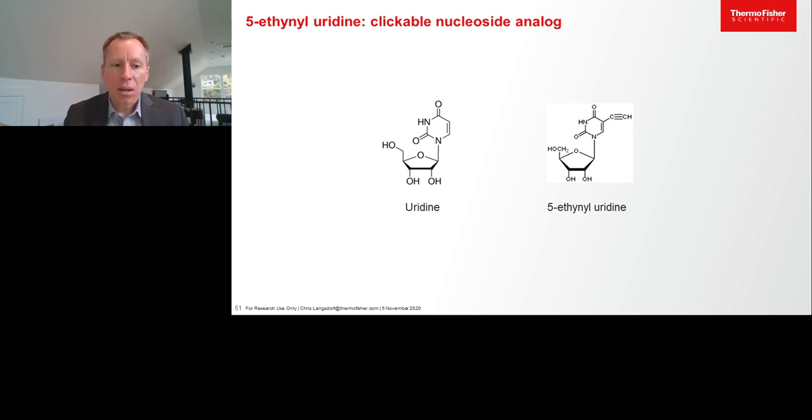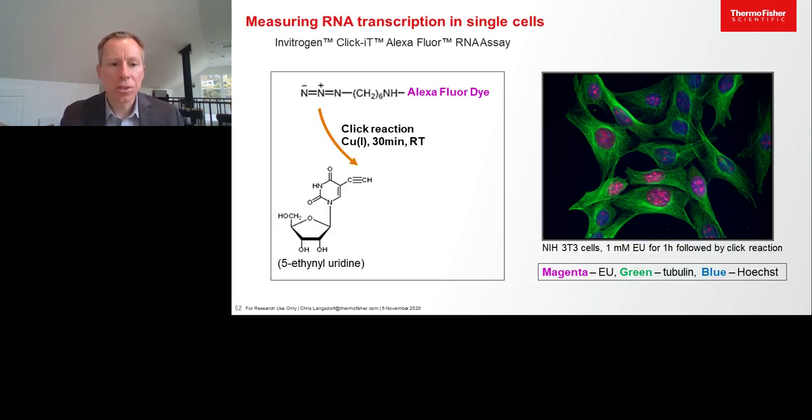However, it will not inhibit the ability of that RNA to be produced. What it does is give us a very small tag that, if we feed this to our cells, will be incorporated into nascent RNA. Then we can use a click reaction to click on an azide dye conjugate, in this case using an Alexa Fluor dye.